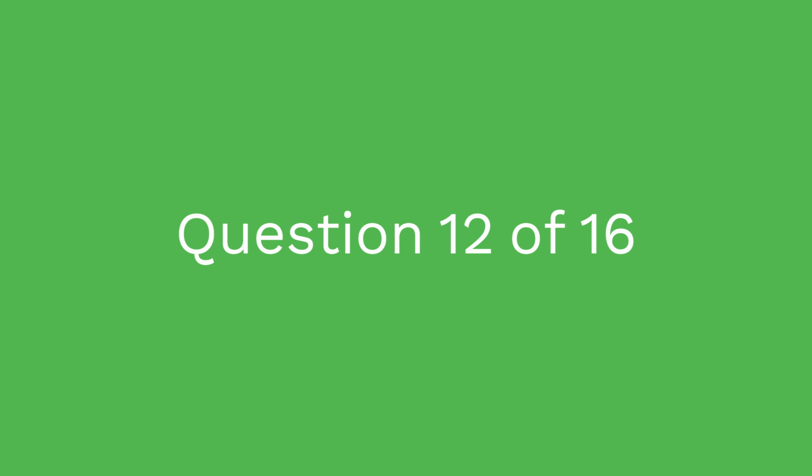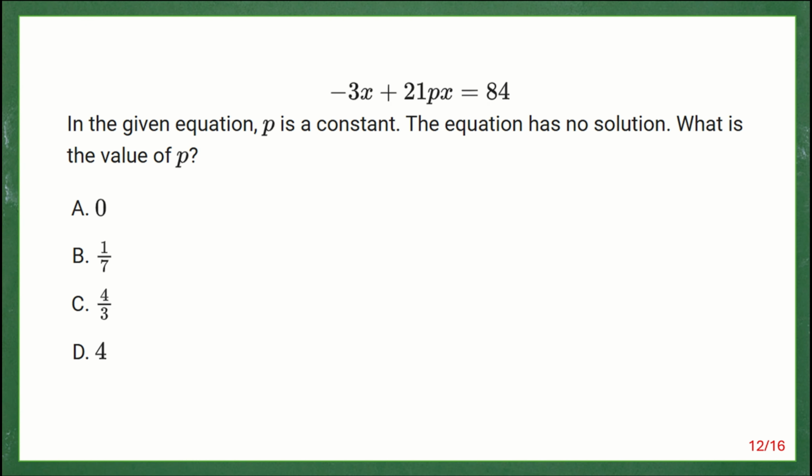Next, for problem number 12, we are given the equation negative 3x plus 21px equals 84. In the given equation, p is a constant and the equation has no solutions, and we have to figure out the value of p. For a linear equation to have no solution, the equation should be false for all values of x.